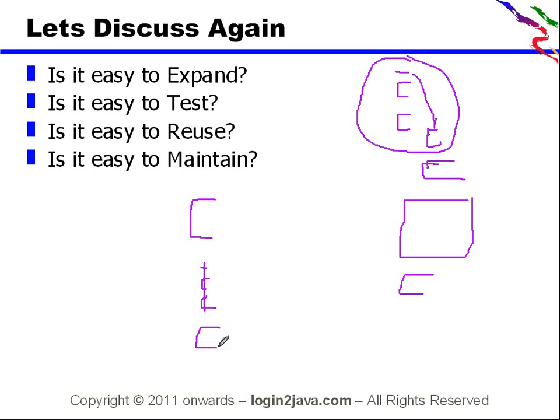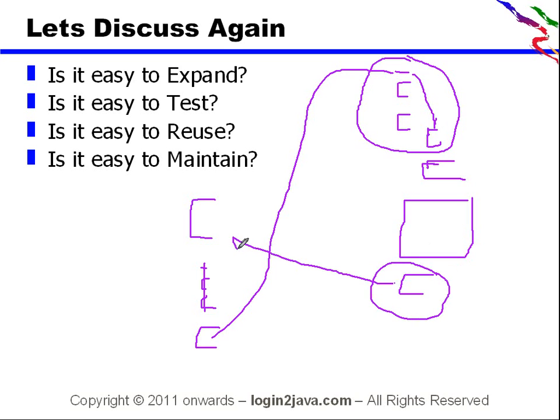The client can itself implement a strategy by implementing this interface. So you need not ship the module or jar again to the client. You just need to send either the patch or develop that particular concrete class within your application. So it is easy to expand.